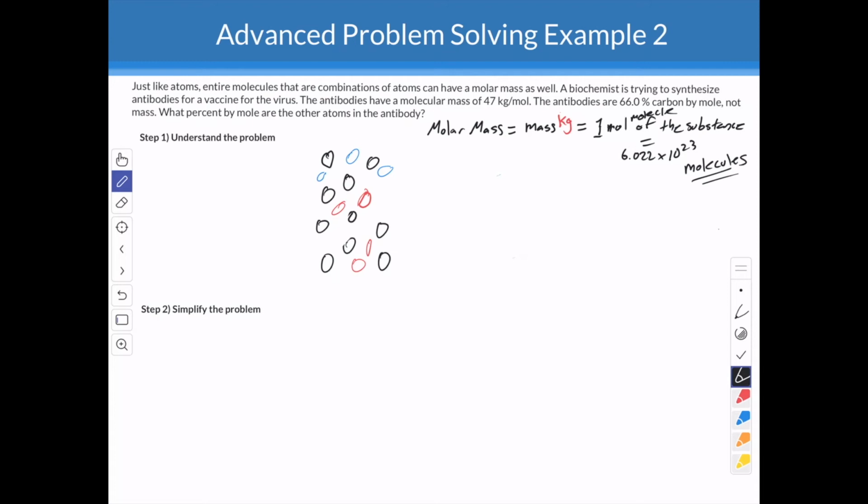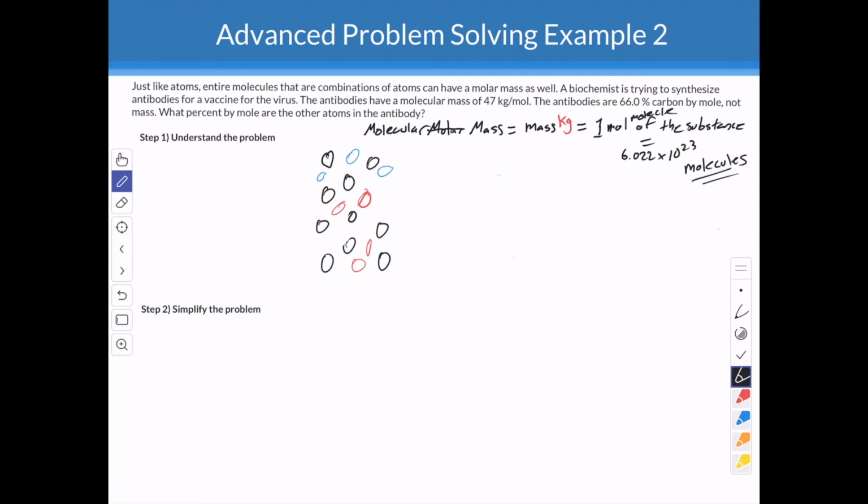Alright, so a biochemist is trying to synthesize antibodies for a vaccine for the virus, coronavirus. So we know the molecular... so they're even calling it molecular mass. So when it's a molecule, it's called molecular mass. "47 grams of it are 1 mole of it."